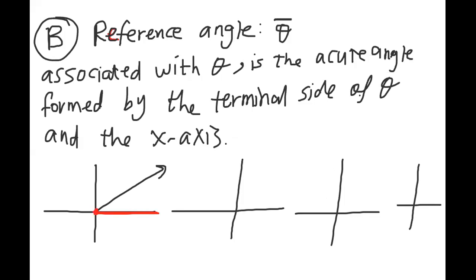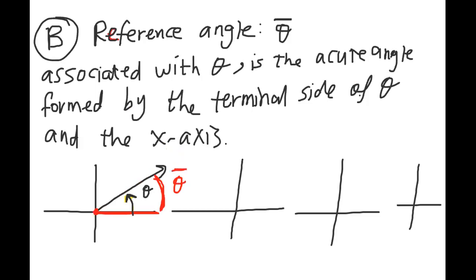My angle starts from the positive x-axis and stops at this side, so that is my angle theta. The reference angle, by the definition, is the acute angle between the terminal side and the closest x-axis. This is my terminal side, and the closest x-axis is this one. So from here to here, it is my reference angle.